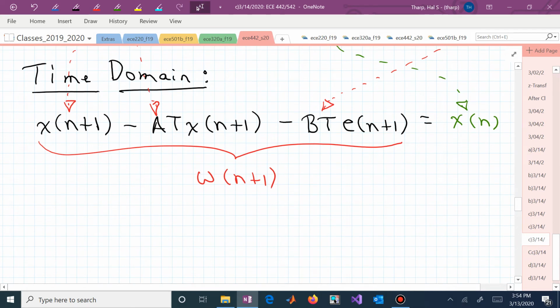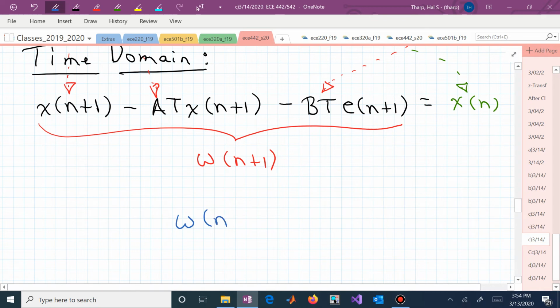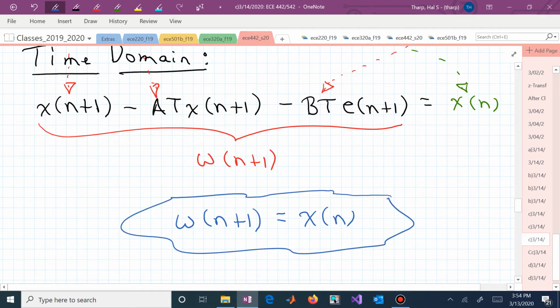What have we just said? Well, now we have said that w of n plus 1 is equal to x of n. We just made that, so this is coming from there, and the w of n plus 1 is all of that mess that we just collected. We made those three terms form a new vector w at time n plus 1.